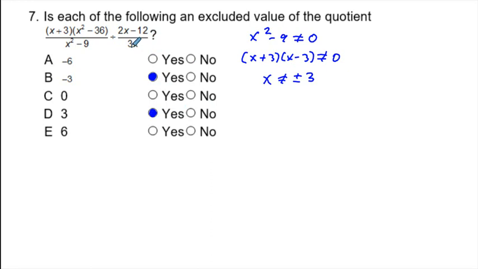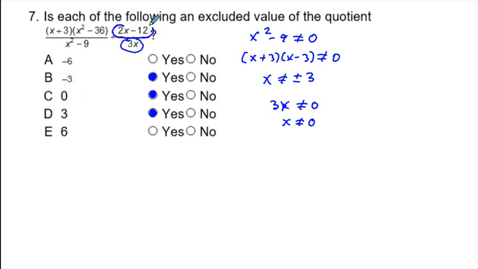Okay, next we have this next denominator, 3x cannot equal 0. And so therefore x cannot equal 0. So we'll put down 0 as an excluded value here. And one other thing we have to consider when dividing is that when we divide an expression by a fraction, that's the same as multiplying by the reciprocal of the fraction.